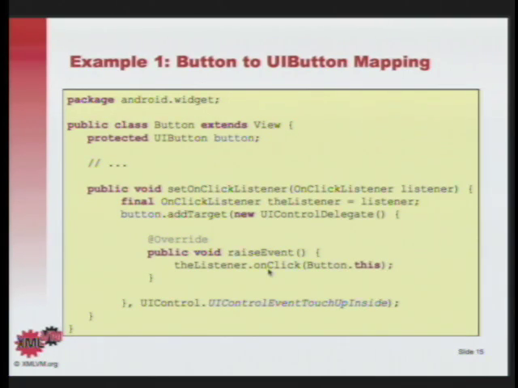So when you push the iPhone button, you will end up calling the callback inside your Android application. Now remember, all of that is being cross-compiled over to Objective-C, so this little piece of code here will also be cross-compiled to Objective-C.